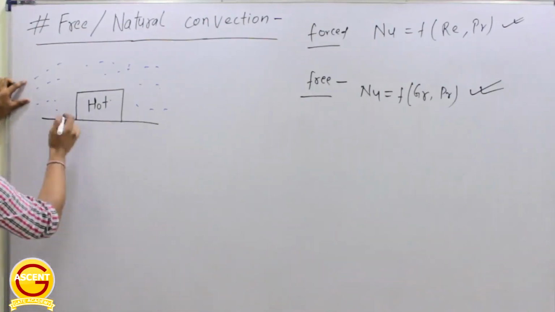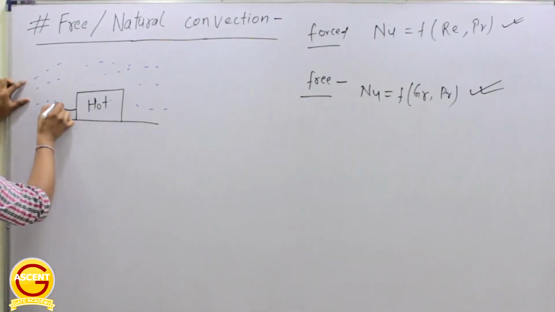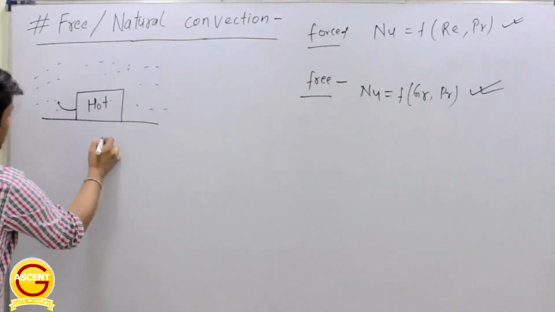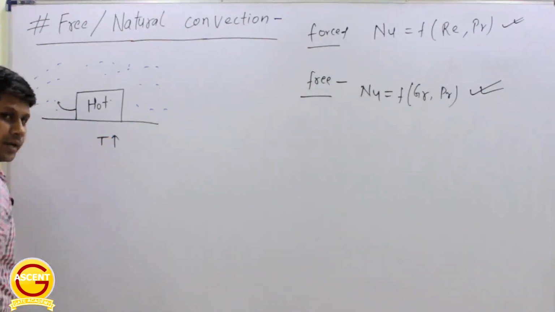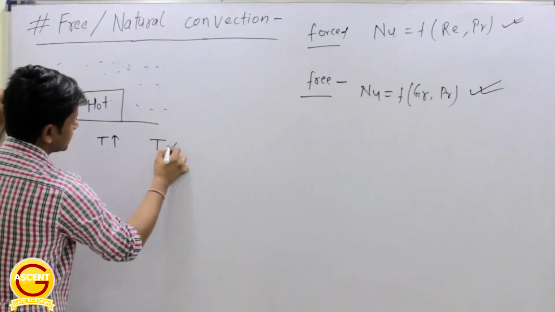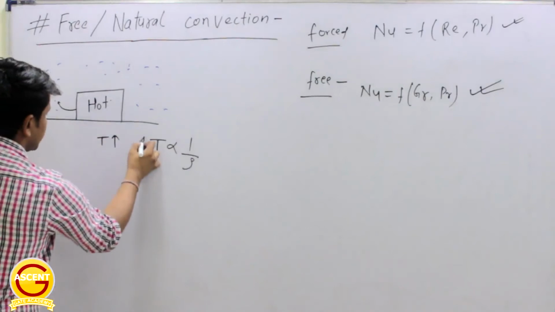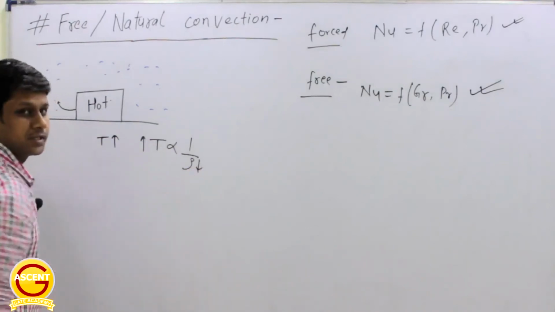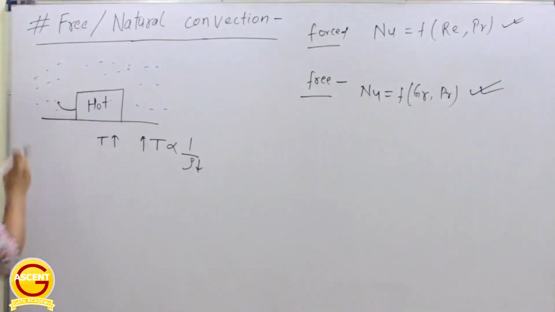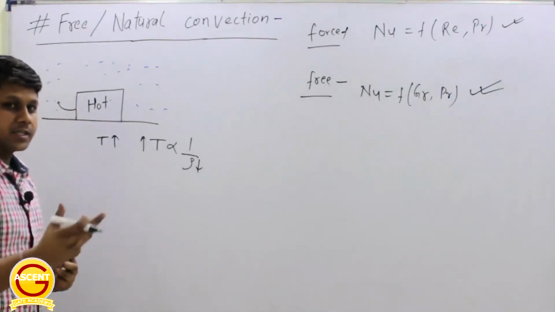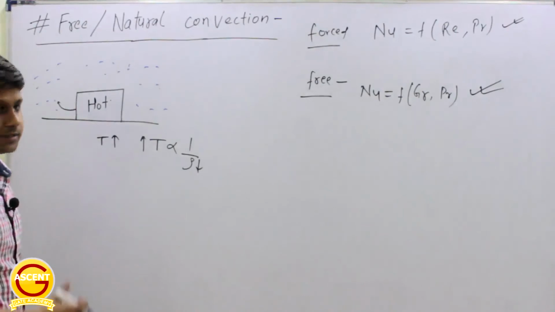So these air particles take heat from this hot block, their temperature will increase, and we know temperature is inversely proportional to density, right? So when temperature increases, density should decrease.